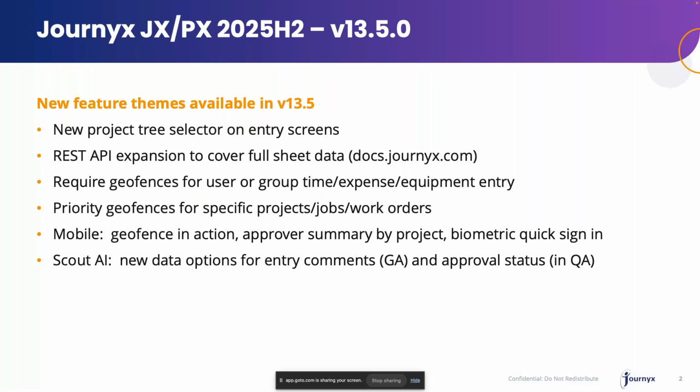And the REST API sheet data is even outpacing the classic API with some of the things that it supports related to in-out times, job entry, leave requests, et cetera. So things that weren't even covered in the classic API. That's really cool because it's more performant and easier to use. And so it's just a real resource.